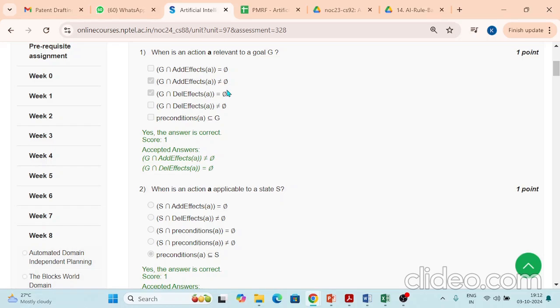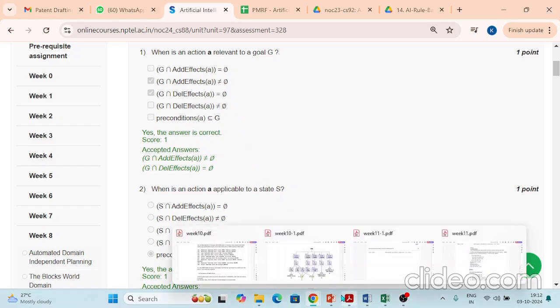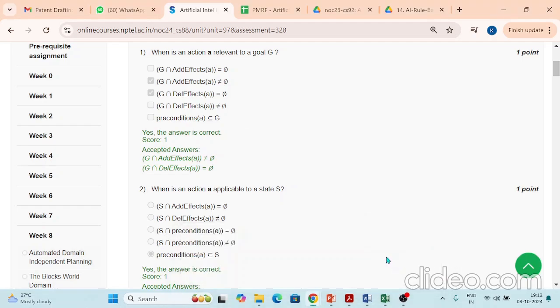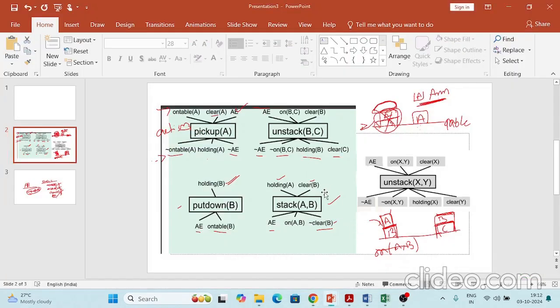For holding B, we are not having any common, meaning it is a null set. That's why we are not performing put down B. The positive effects are arm empty and on table B. Among these, we are not having any in the goal. The goal has only on B, C and on C.